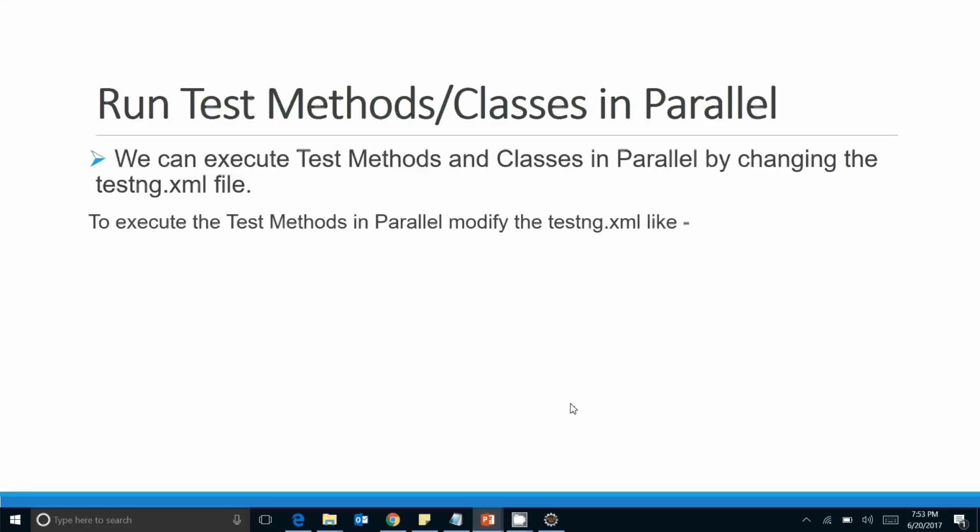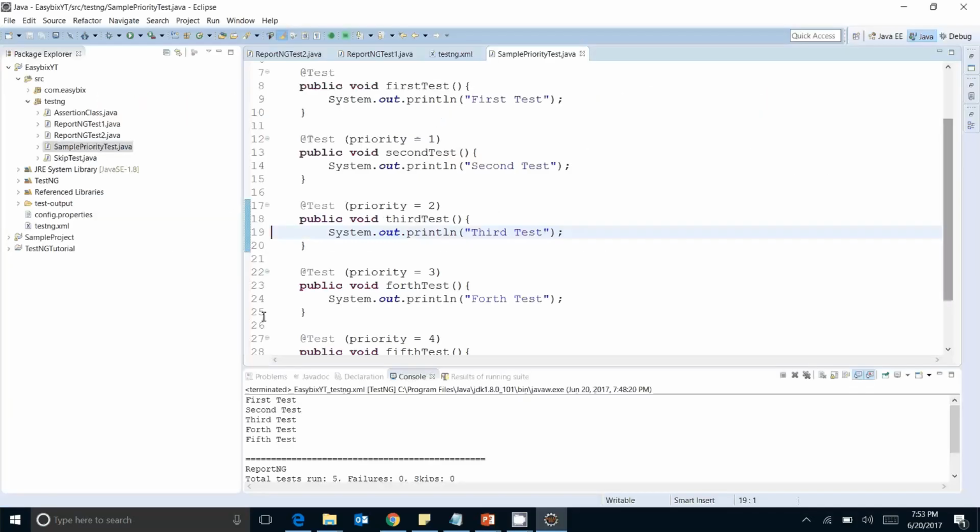To execute the test methods in parallel, modify the testng.xml like this. We need to add 2 things at a suite level: a tag, parallel, and the thread count. So just open the testng.xml.